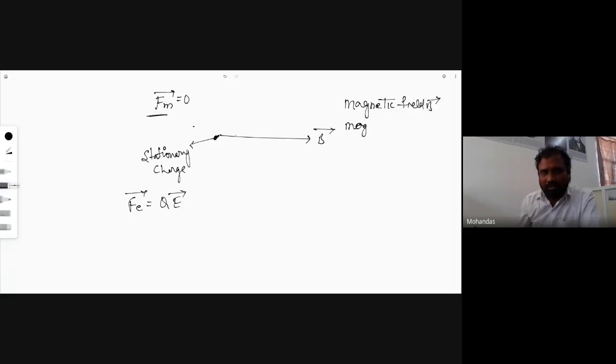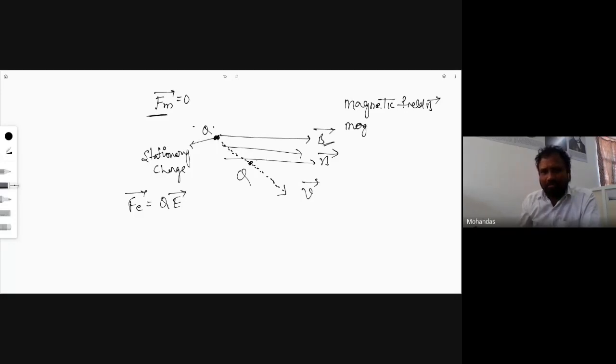Now, if the same charge Q is moving in a particular direction, if you trace the path of this charge Q, moving in this direction with a velocity V, imagine there is a charge Q. If this charge is moving in the presence of a magnetic field B like this, then we can expect a force.